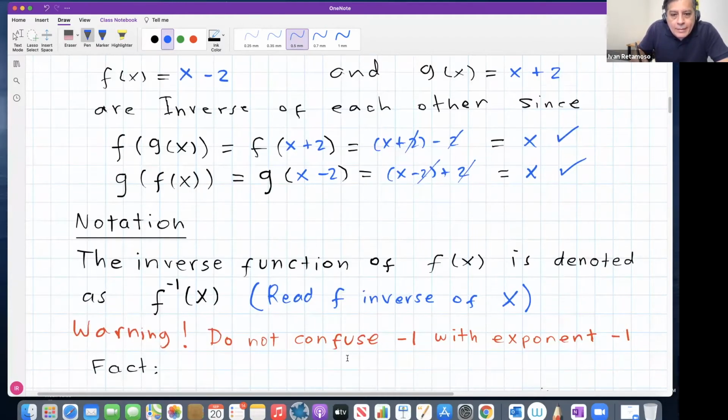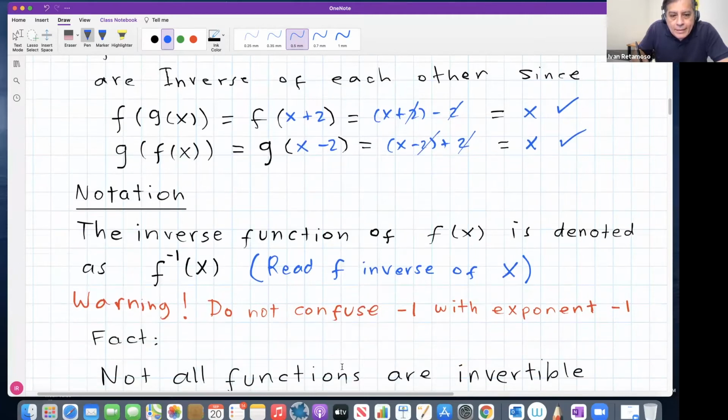Now, there is a big fact here that mathematicians discovered. Just like not all activities can be inverted, not all of them. Think, for example, of taking some fruits, some vegetables, making juice. That activity cannot be inverted. There's no way to go from the juice back to the fruits and the vegetables that you used.